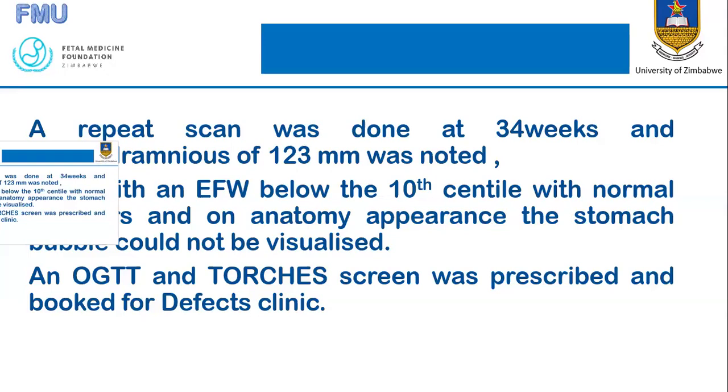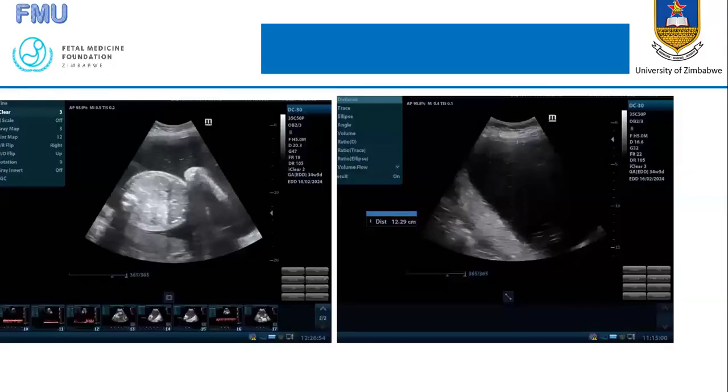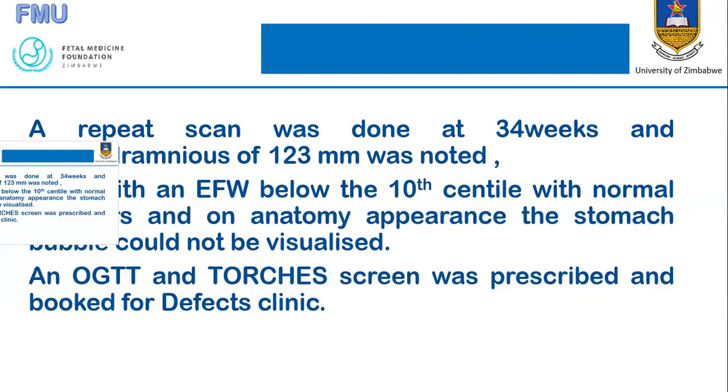The findings on the second scan in the FMU: polyhydramnios was noted, with a single deepest pool of 123 millimeters.